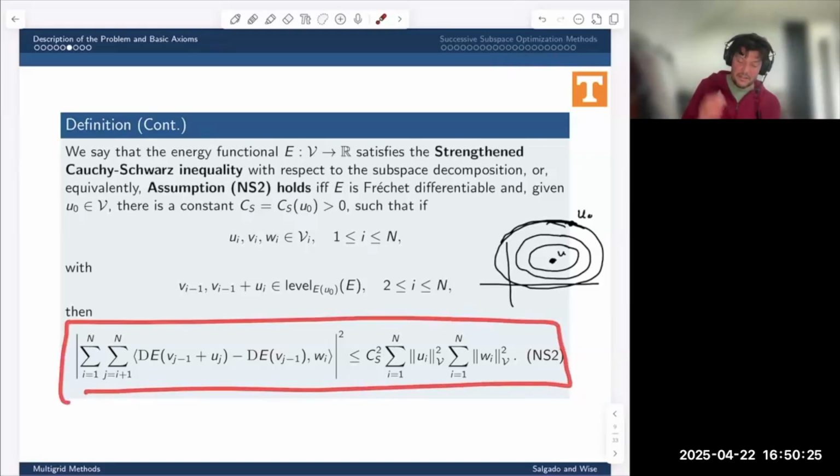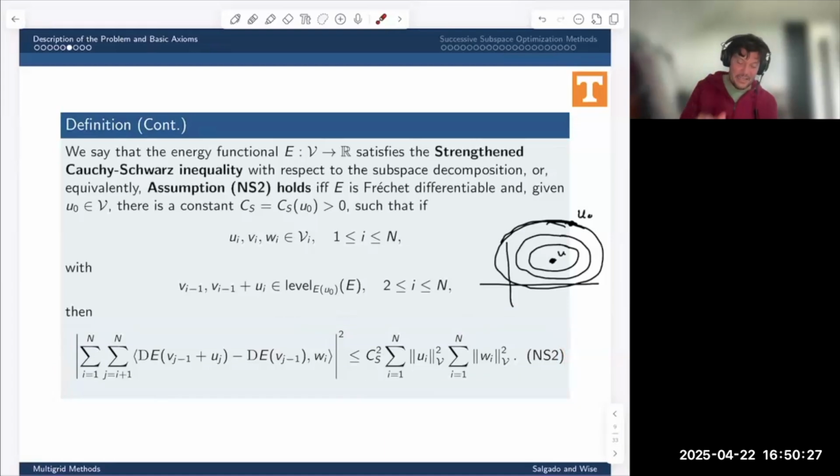That's exactly what we need right here, and it's exactly the thing we're going to assume holds. The nice thing is for the energies that we're going to encounter, we can always prove this holds. So that's the important part. Basically, if the energy is sufficiently nice, then we can always establish this. So this is this thing called the strengthened Cauchy-Schwarz inequality.